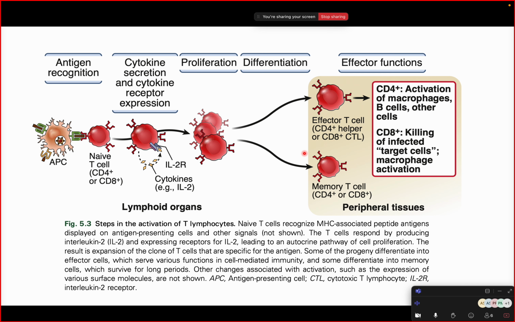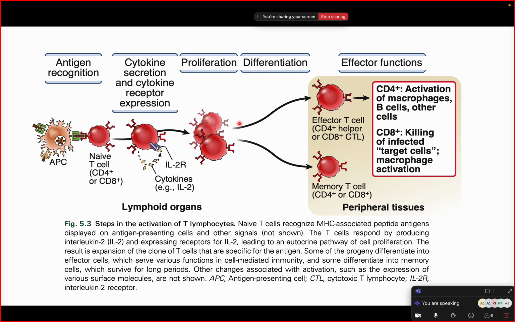Okay, now again, this is a similar thing to what we saw for the B cells, where the cell which has the receptor is selected, allowed to differentiate and proliferate, and ultimately leads to the production of antibody.